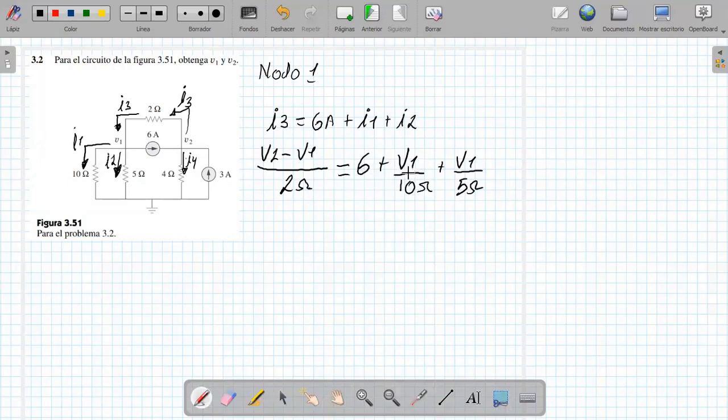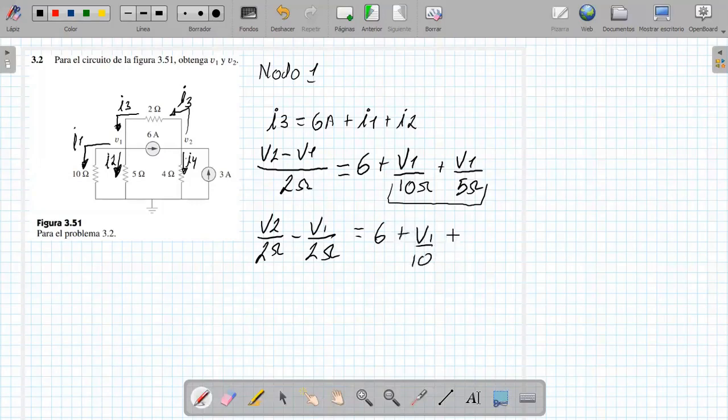I'm going to move the V1 from this side to the other side. But first let's organize. So I'm going to separate V2 over 2 ohms minus V1 over 2 ohms. If I separate this, it will be equal to V1 over 10 plus V1 over 5.